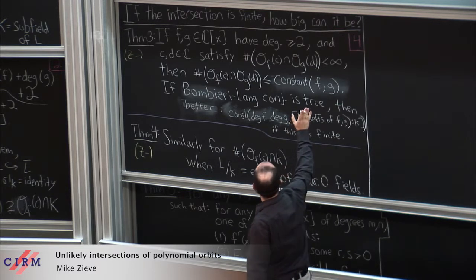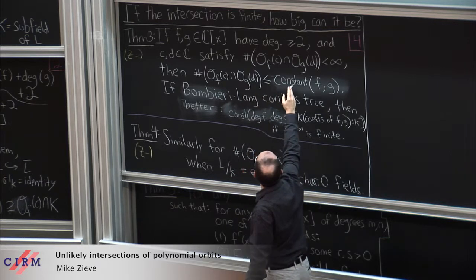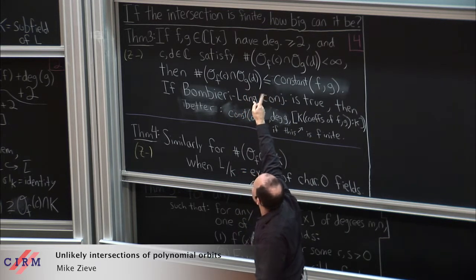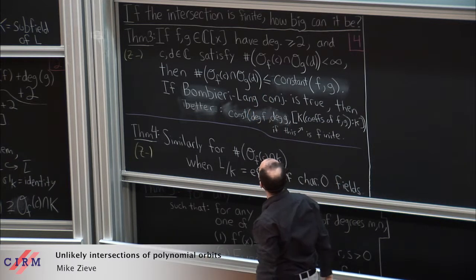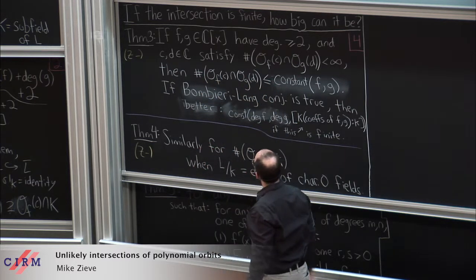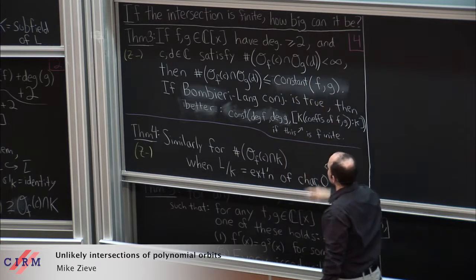So the result I can prove is that if you have two polynomials, again of degree, maybe I should have said, note that in theorem 2 I didn't need to worry about degree 1. It's only theorem 1 that I need to worry about degree 1. So in theorem 3 I have two polynomials of degree at least 2, and I have points where the orbits have a finite intersection.